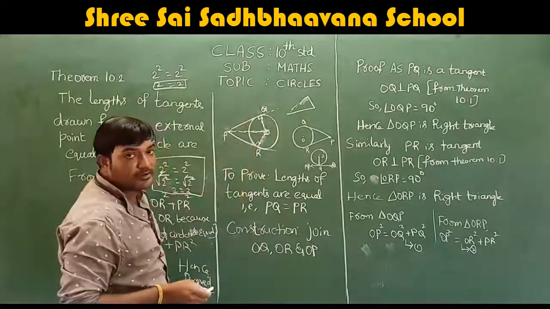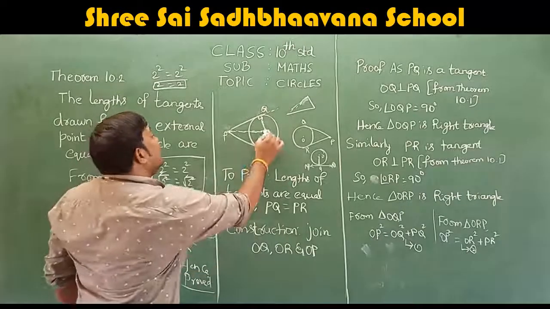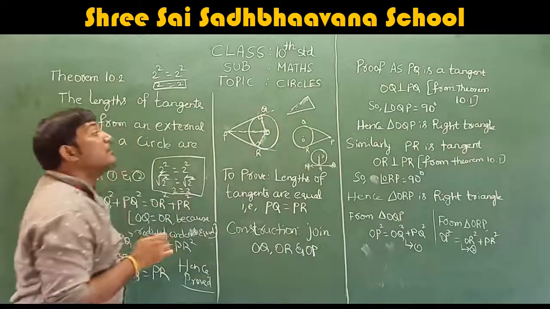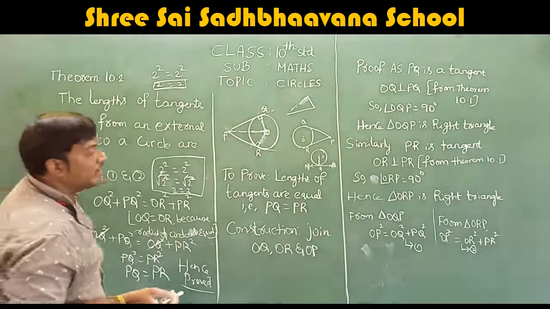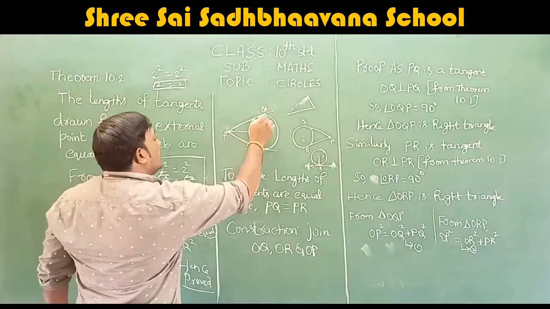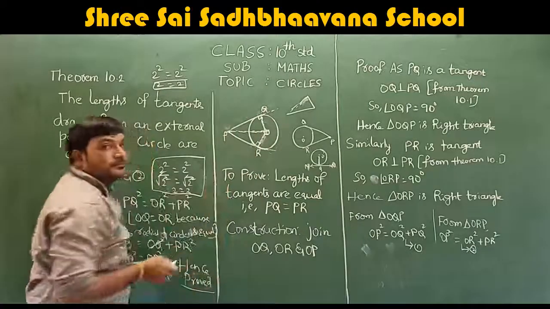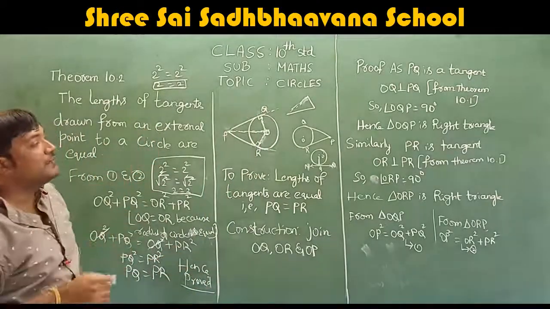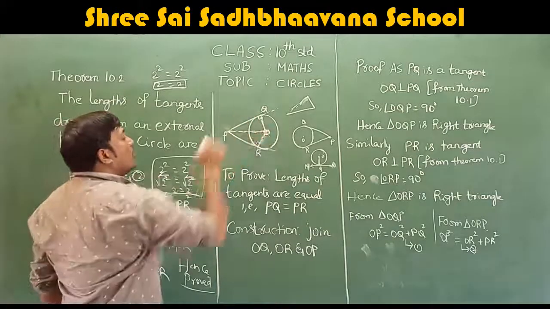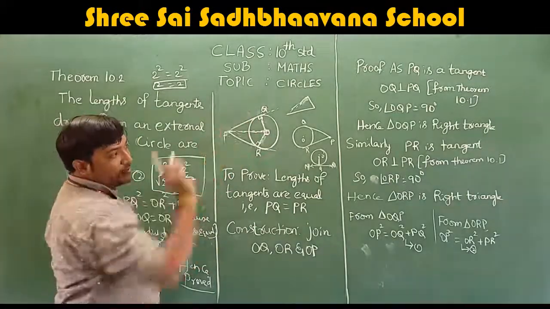Q is the point of contact, correct? So always the radius of the circle is perpendicular to the tangent through the point of contact. It means OQ is perpendicular to PQ. That is theorem 10.1. From theorem 10.1, we can say that the radius of the circle OQ is perpendicular to PQ.